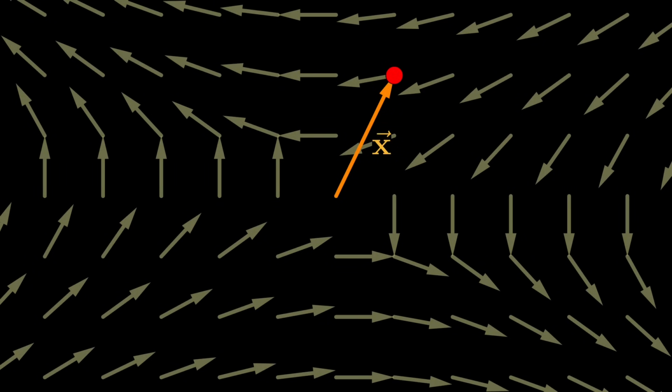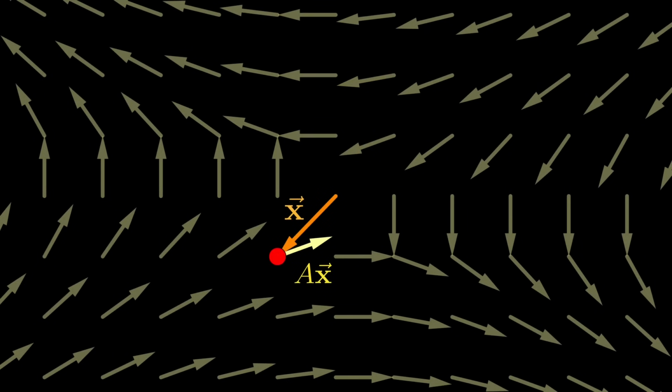Then the vector attached to this point is Ax for some matrix A. If every vector attached is constructed with the same matrix A, then this vector field is a linear vector field. Because the vector field is constructed with the matrix A, it would make sense to abbreviate this whole vector field to just the matrix A.